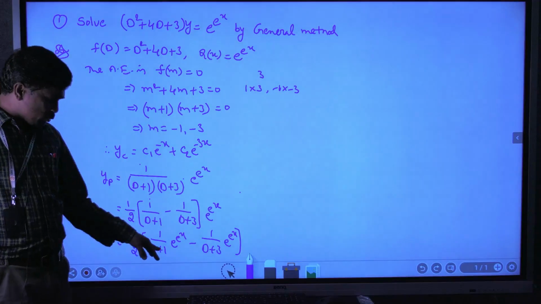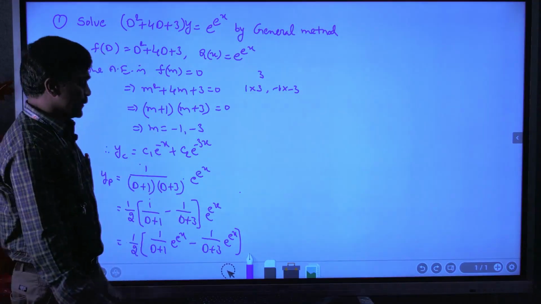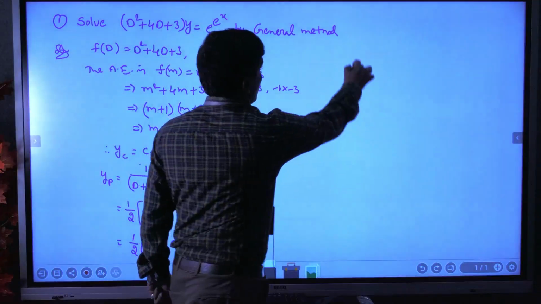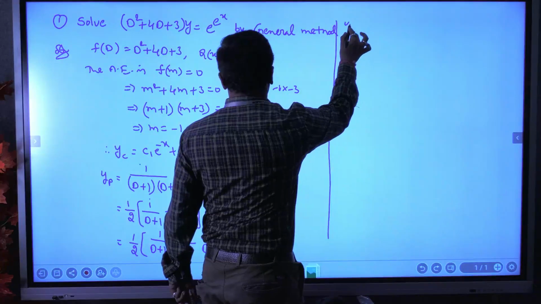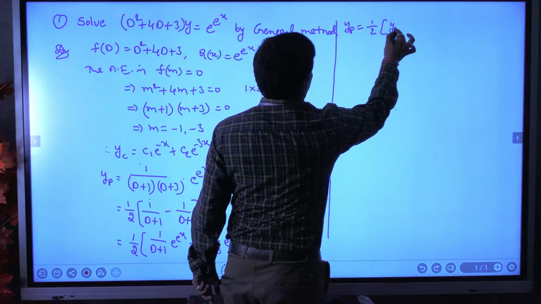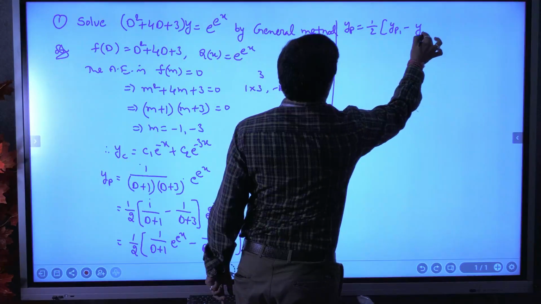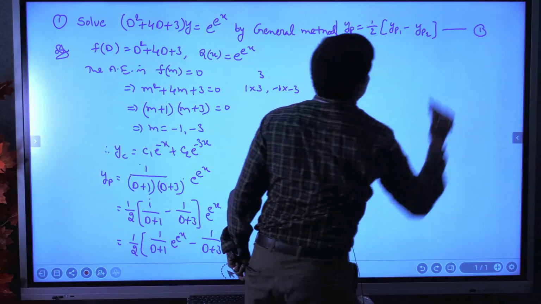This is considered as yp1 and this is considered as yp2. So yp is 1 by 2 into yp1 minus yp2. Let it be equation 1.